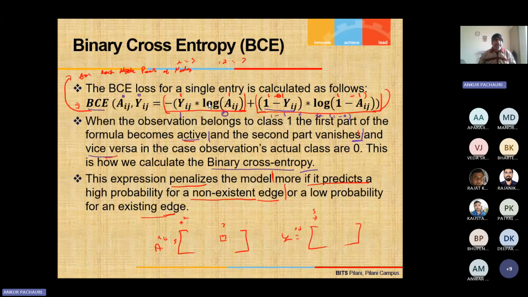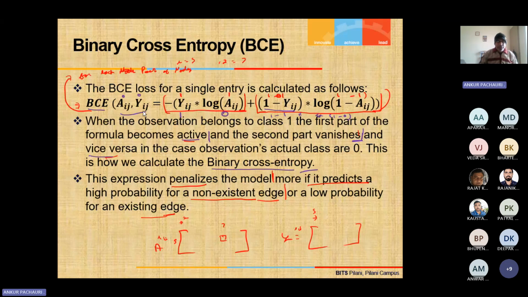So one of them will be active. So this is how it will be, whether there is a mismatch or not. It was zero, it is zero, no mismatch. It was one, it is one, no mismatch. It was zero, it is one, there is a mismatch. It was one, it is zero, there is a mismatch.